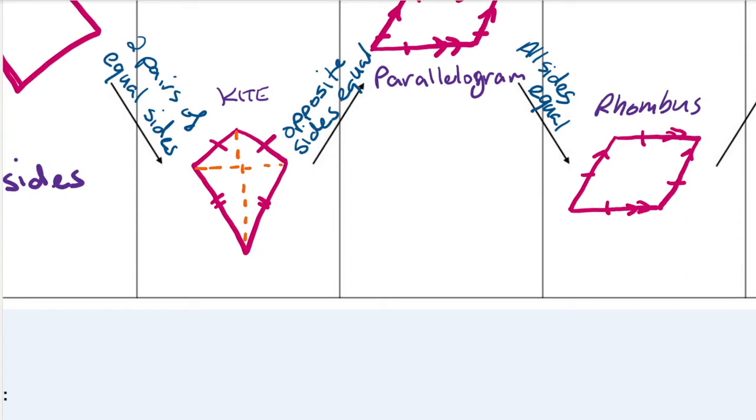And what we know about these particular diagonals is they will meet at 90 degrees. Okay, the other thing about these diagonals is they actually bisect each other.